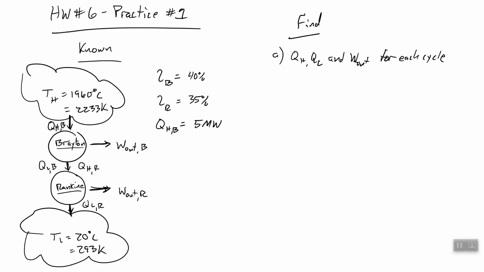QHB, QLB, work out B, QHR, QLR, and work out R. We're also asked to find the total work out for our entire power plant operating between these two temperature reservoirs, and the total efficiency of our power plant. All right, we'll move to the next page for our analysis.